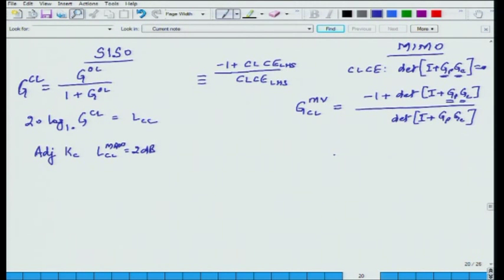If I call the numerator W, then this is W divided by determinant of I plus GPGC, where W by definition is minus 1 plus determinant of I plus GPGC.